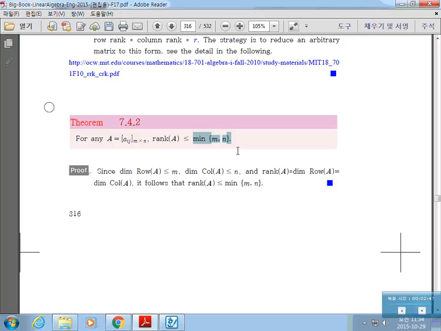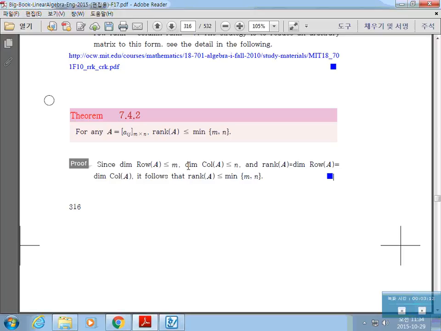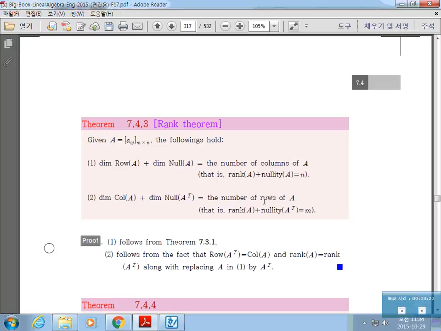Because the row rank is at most the number of rows, and the column rank, the number of linearly independent columns, is at most the number of columns. The dimension of the row space of A is less than or equal to n, and the dimension of the column space of A is less than or equal to m. So the rank of A should be less than or equal to the minimum of m and n.